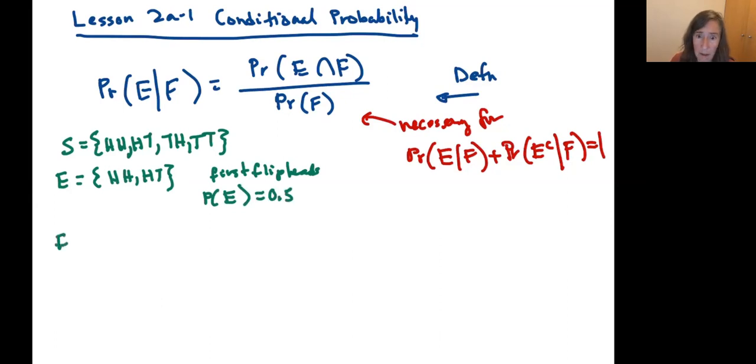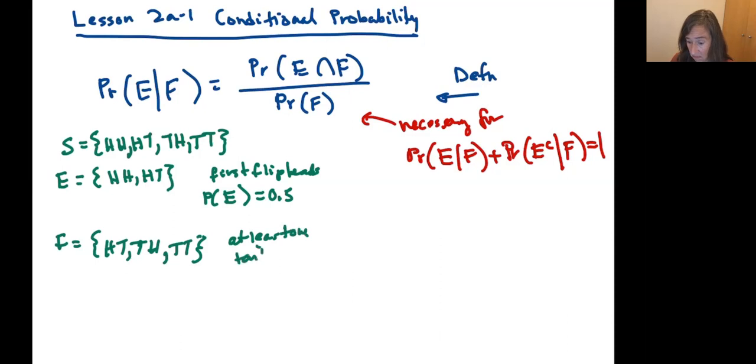And another event here might be F. What is F? F is HT, TH, TT. Saying that event in English, I might say that's at least 1 tails. Looks like that's what those outcomes work out to. And so the probability of F here is 0.75.